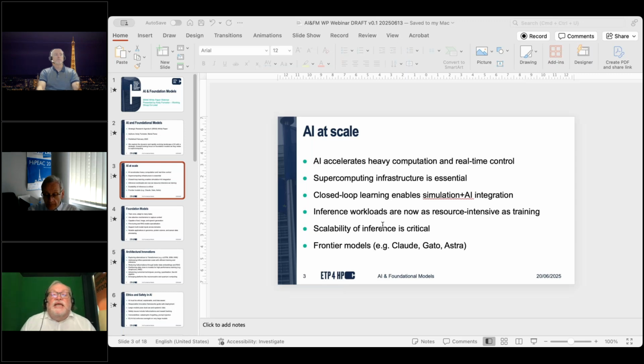This is continuously putting stress on our compute resources, the compute architectures, memory, and data storage globally.